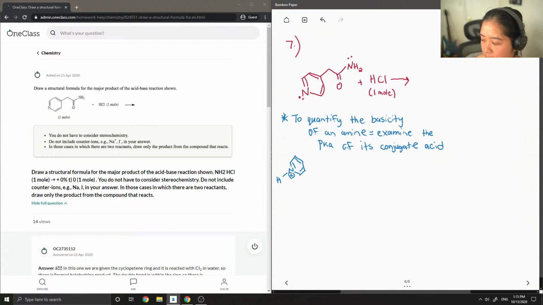So that's the conjugate acid of pyridine. And for the primary amine, I'm just going to shorten this as R. If it were to accept the proton, it would kind of look like this.